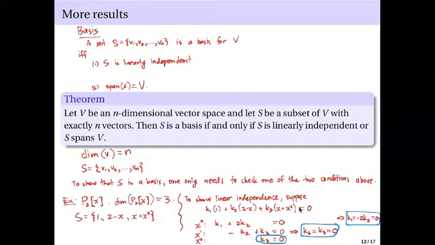Suppose this is true, we solve, therefore, this is linearly independent. And therefore, this is a basis. We don't need to do the span. So we are using this theorem here. Okay? Questions?